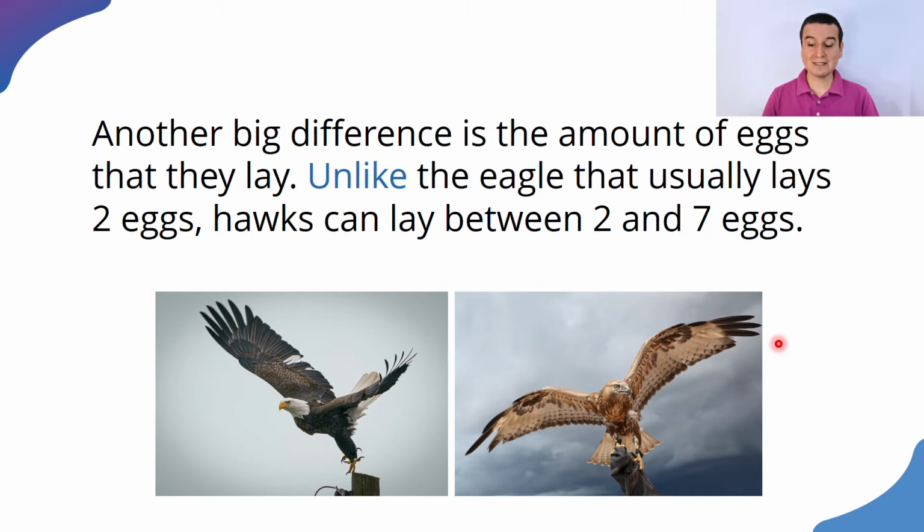Another big difference is the amount of eggs that they lay. Unlike the eagle that usually lays 2 eggs, hawks can lay between 2 and 7 eggs. So there is a final difference or contrast there introduced by unlike, and in that way we can express the differences between these two animals.